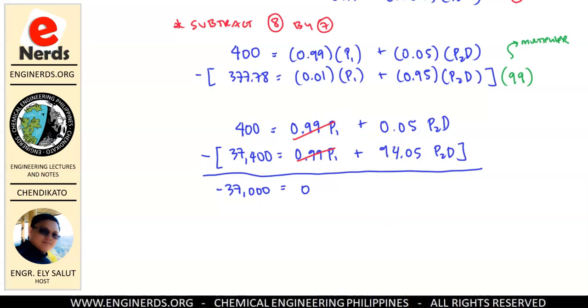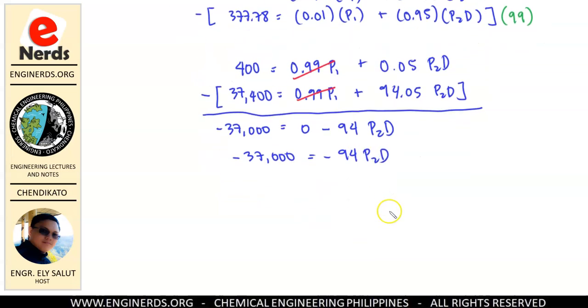Then, 0.05 minus 94.05. So, we have negative 94 P2D. So, this is negative 37,000 is equal to negative 94 P2D. So, as you can see, makukuha na natin yung value ng P2D. So, P2D is equal to negative 37,000 divided by negative 94.